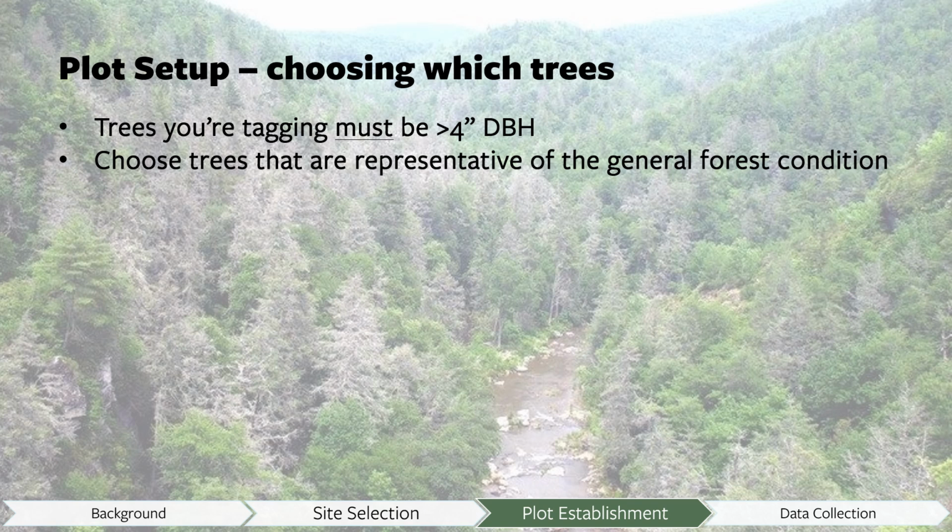Another thing to bear in mind as you're selecting trees is to choose trees that are generally representative of the forest condition. So within your stand, you don't want to high grade. You're not choosing only the biggest and most beautiful trees, and you're not choosing only the trees that look like they're about to die. It is okay if within one property there's an area that seems like those trees are in slightly poorer condition.